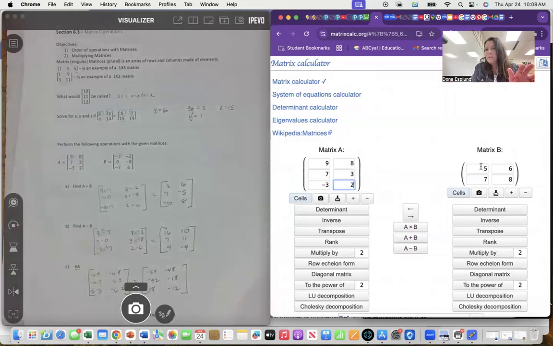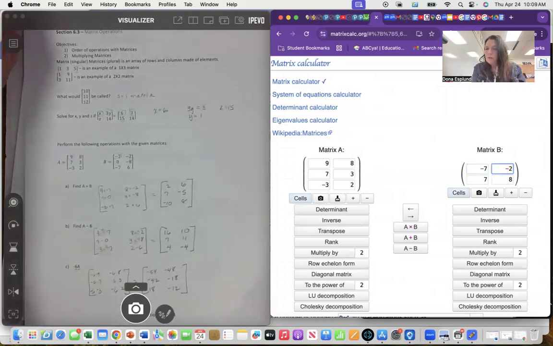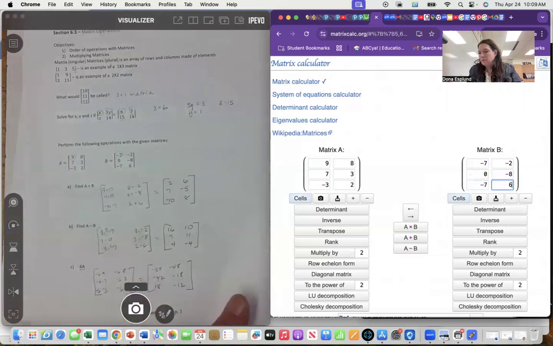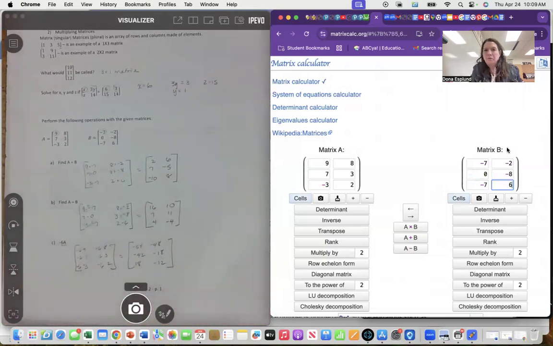My matrix B, I'm going to do the same thing. So I'm going to go -7, arrow over, -2, come down and over, it doesn't like to come over, 0, -8. I'm going to hit return to give me another row, and then I'll have -7, and then 6. So if you remember, we did all of those operations that we had before.